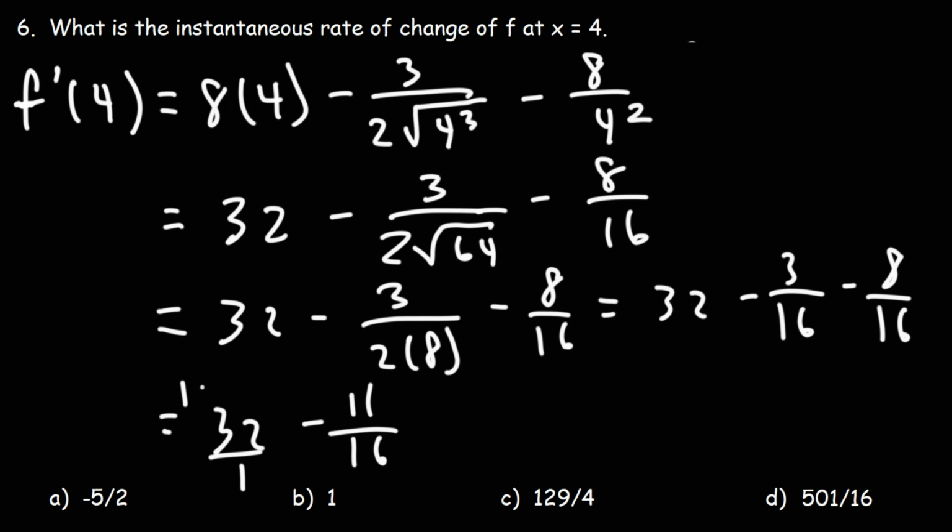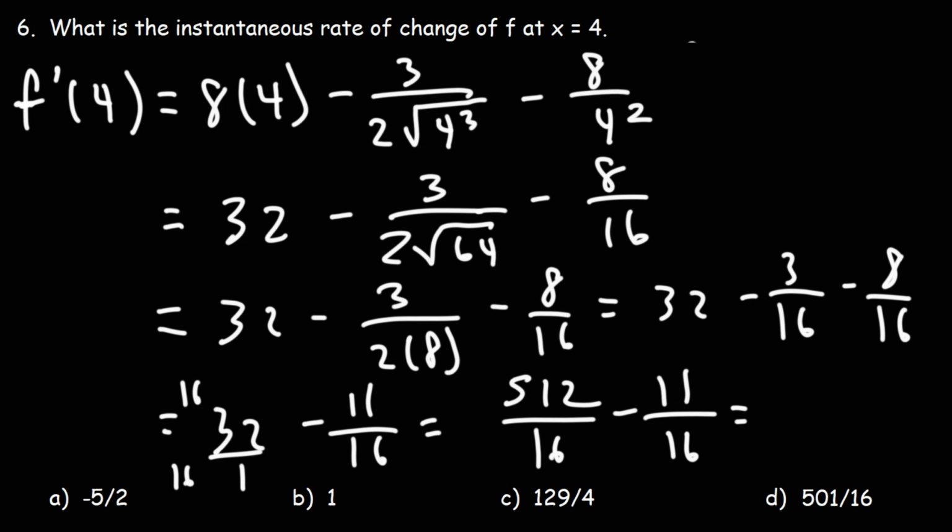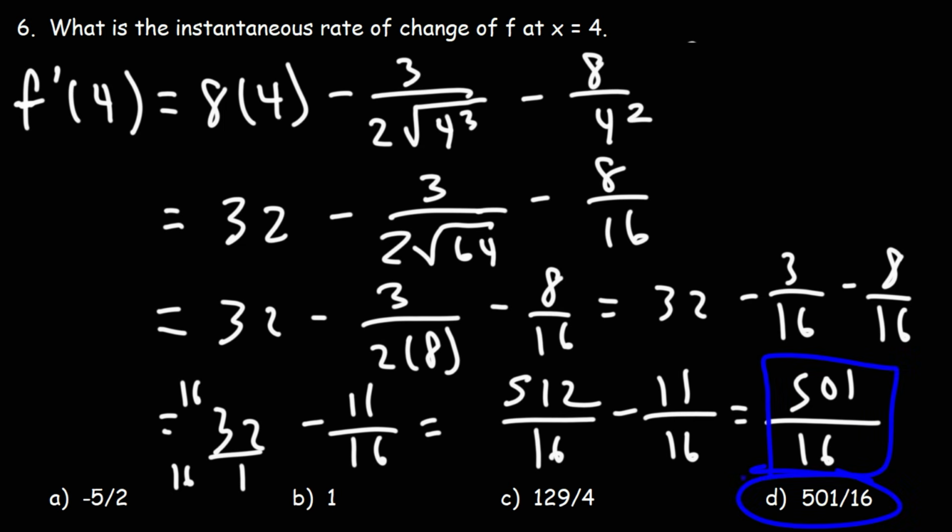I'm going to multiply 32 by 16 over 16. 32 times 16 is 512. So we have 512 over 16 minus 11 over 16. 512 minus 11 is 501. And that's going to be the answer. It's 501 over 16, which corresponds to answer choice D.